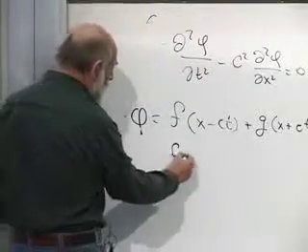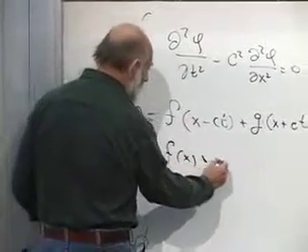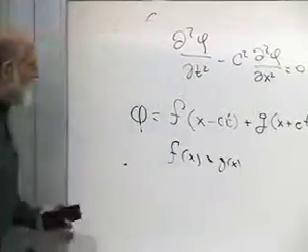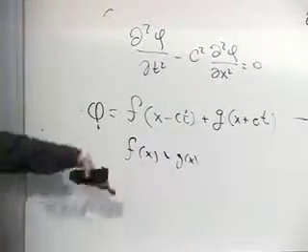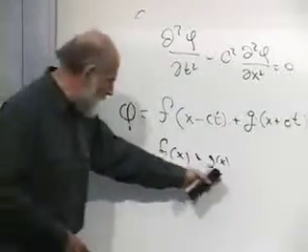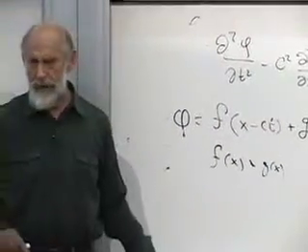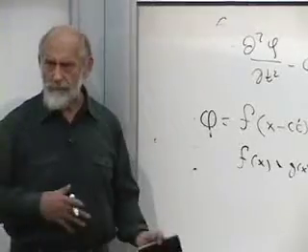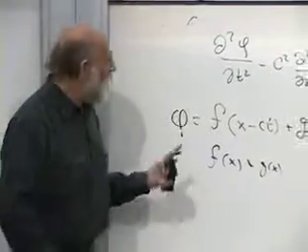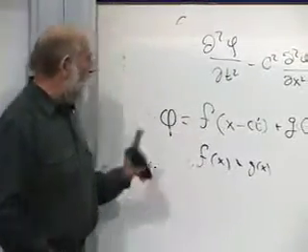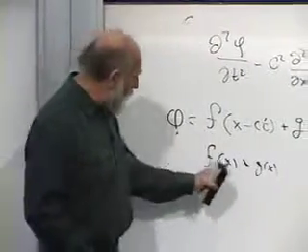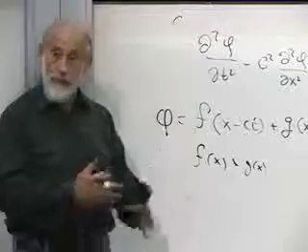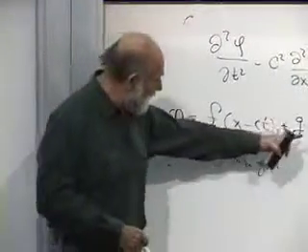Here it would be f of x plus g of x. How do I know that some piece of it is right moving? How do I know how to divide this up? The sum of these two is just some function. How do I know how to divide it up into left moving parts and right moving parts? Well, if I also tell you what the time derivative is, then knowing both the function and the time derivative allows you to break it up into the two parts like that.